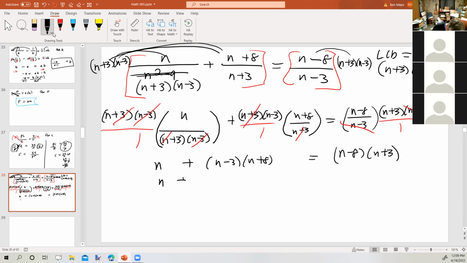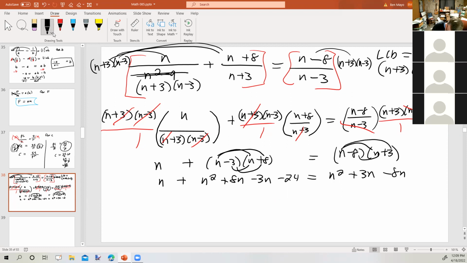Which gives us n plus n squared plus 8n minus 3n minus 24 equals n squared plus 3n minus 8n minus 24.